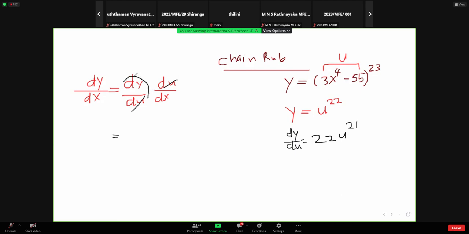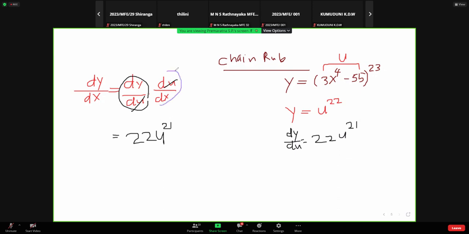So that is this part, 22u²¹. Now the second part of the equation, you know this is the u, differentiate with respect to x. When you do so, u is x⁴ minus 5, then it becomes 12x³.